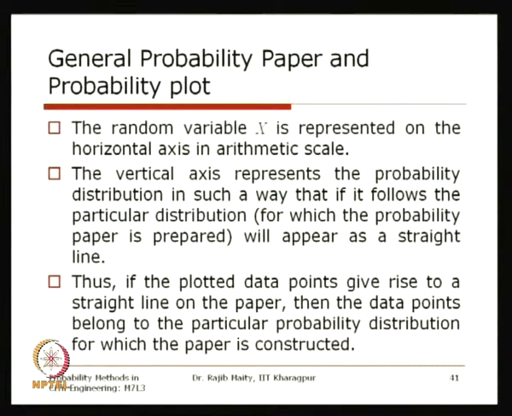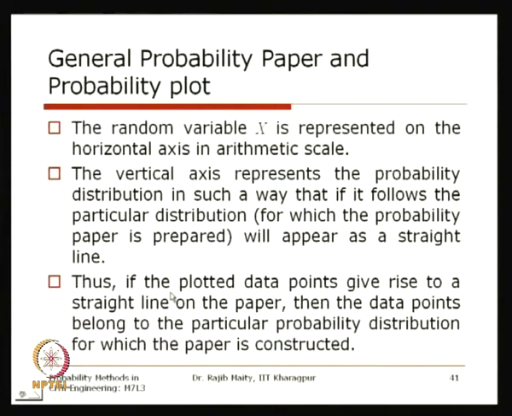So this is for the normal probability paper, and the general probability paper and the probability plot. The random variable x is represented on the horizontal axis in the arithmetic scale. The vertical axis represents the probability distribution in such a way that if the data follow a particular distribution for which the probability paper is prepared, whether normal, gamma or exponential, and it appears on that paper as a straight line, then we can say that it is following that particular distribution.